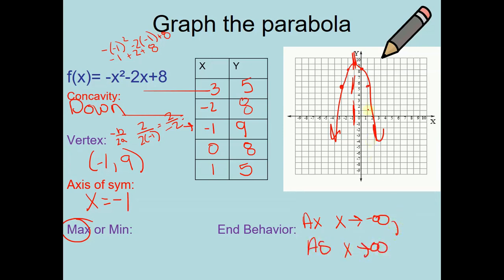What's happening? As x approaches negative infinity, which is on this side, notice we're going downwards. So I would say y is approaching negative infinity. Same thing on this side. As I'm going to the positives, it looks like I'm approaching negative infinity on the y's as well. Those are my two end behaviors that I have present.